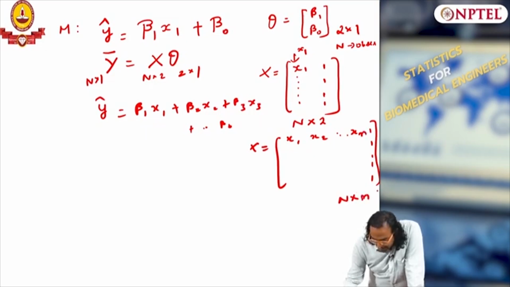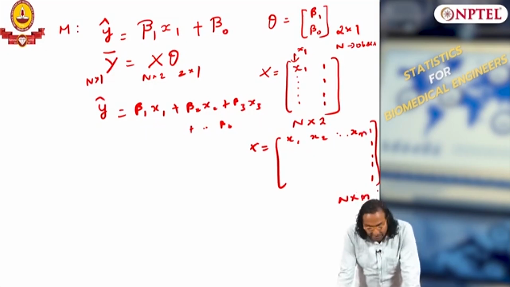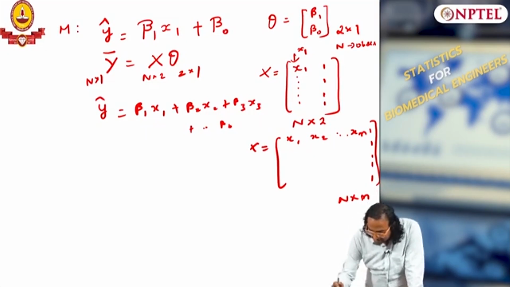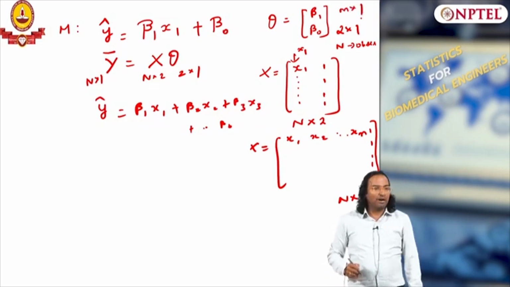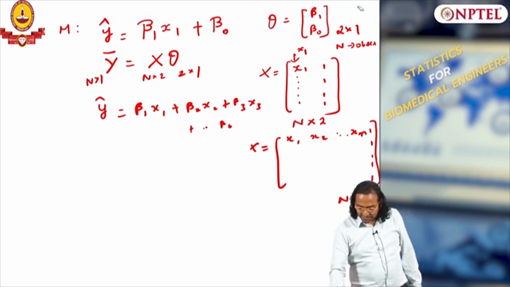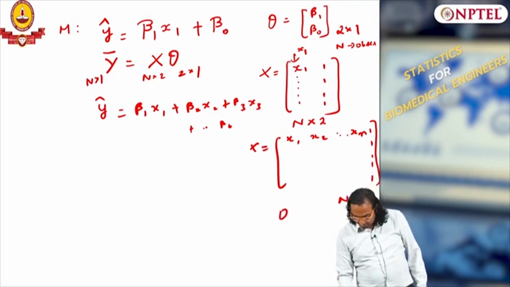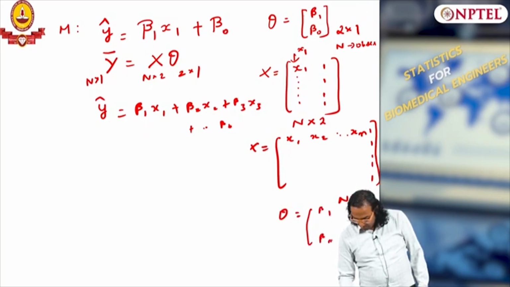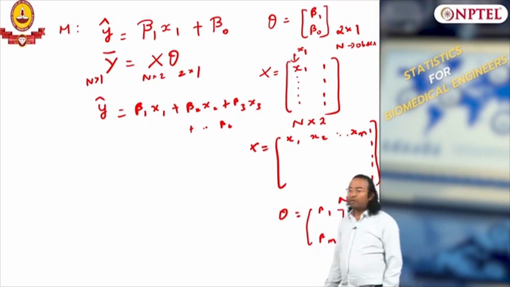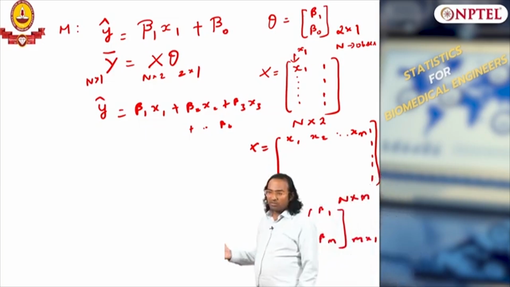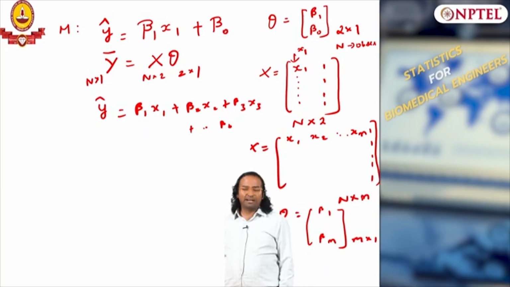So, this becomes an n cross m matrix, and the parameter size will be m cross 1. The parameters will be beta 1 up to beta m. So, I can easily extend this to a multivariate form as well, if I write it in this matrix form.